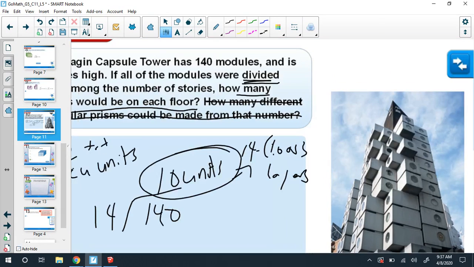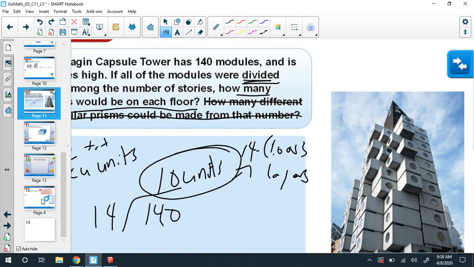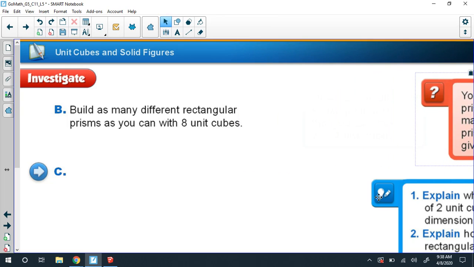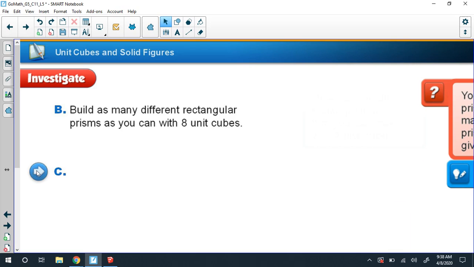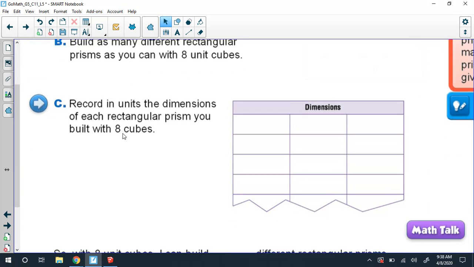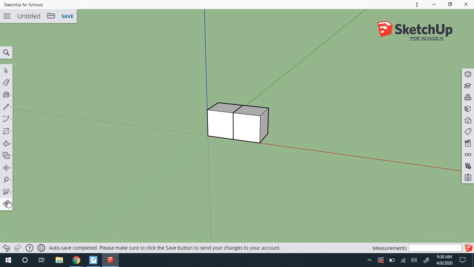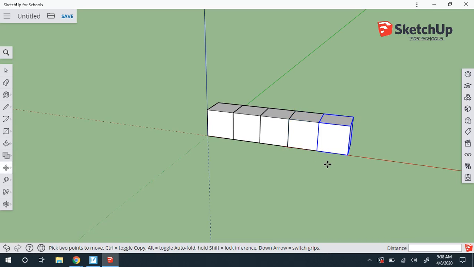All right, moving on to the end of our lesson. I asked you to take a look at that question about building as many different rectangular prisms as you could from 8 unit cubes. Let's take a minute to think about that and see how many we can come up with. If we want to use 8 unit cubes, one thing we could do is stack them all in a row.